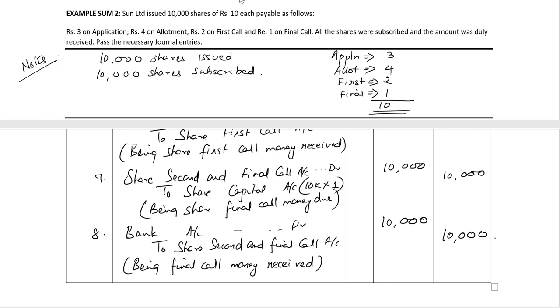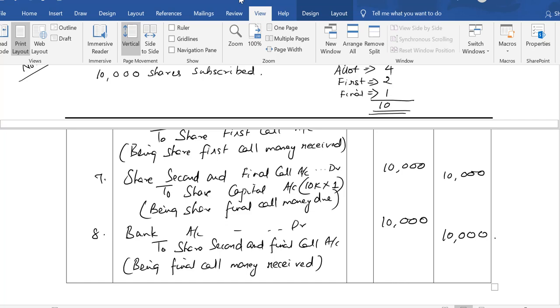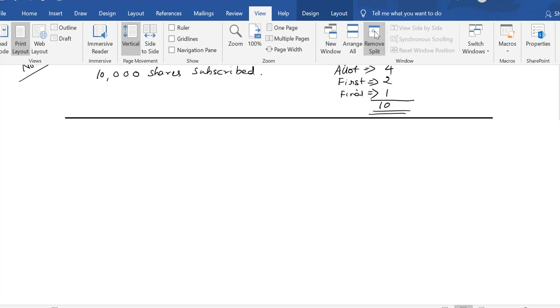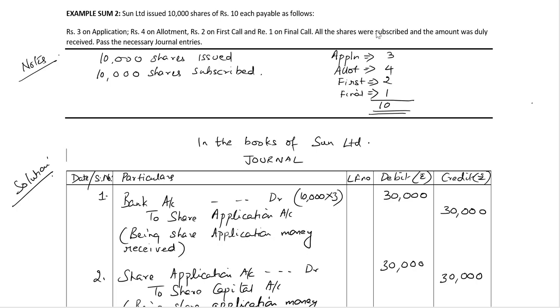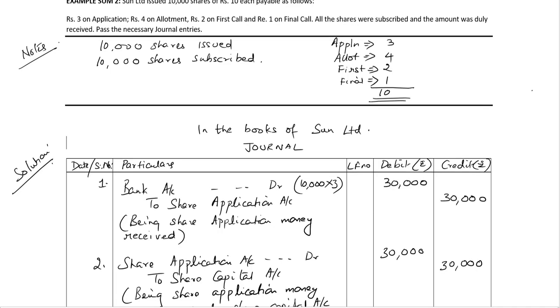So we completed the journal entries. I'll remove the split. We can view the answer. So that was the sum on top with the notes.